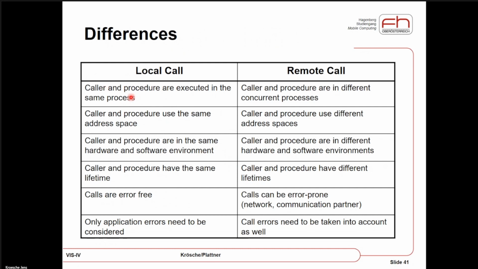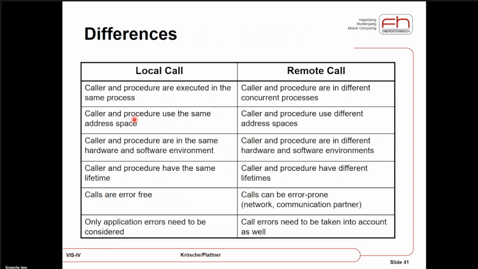Typically in a local call, the procedures or methods are executed in the same process. Of course, we call toString, System.out.println, cout, and they are executed in our program. On a remote call, this is done in a different process running on a different computer, and it is executed concurrently from the perspective of the local caller.